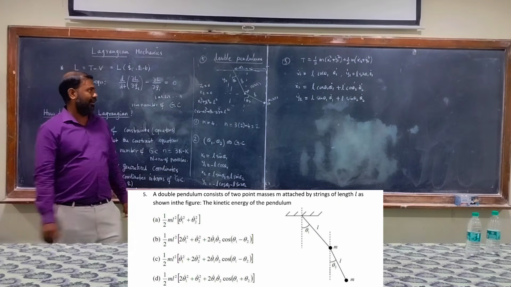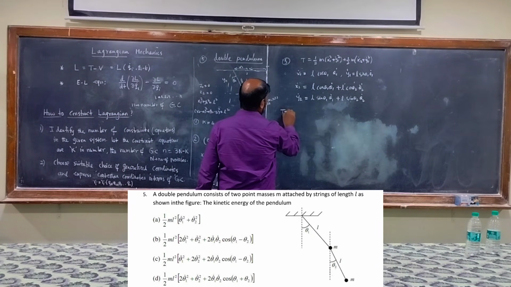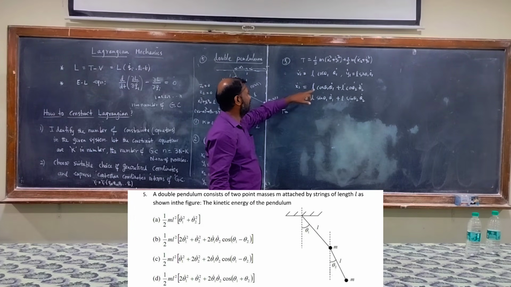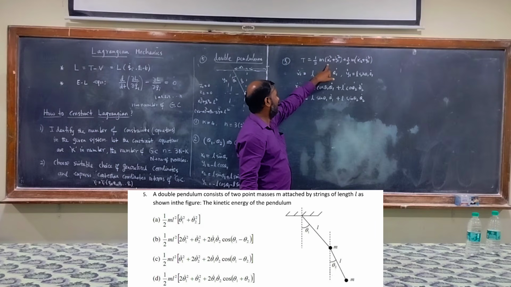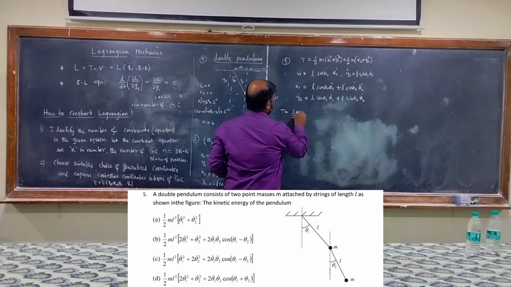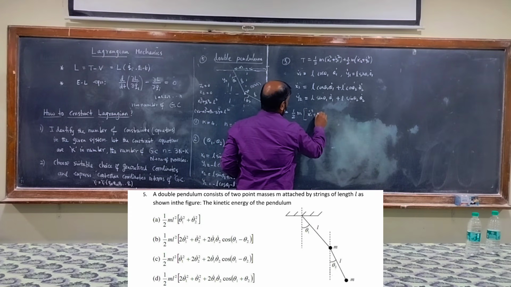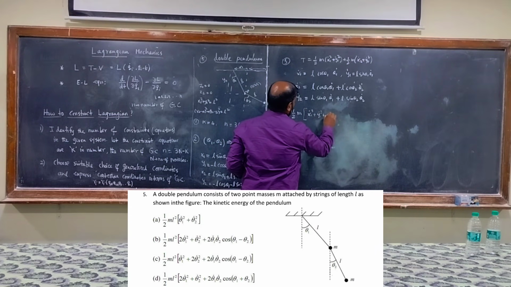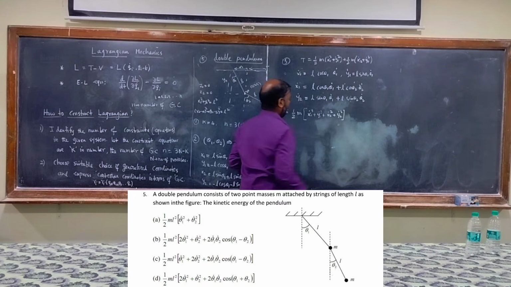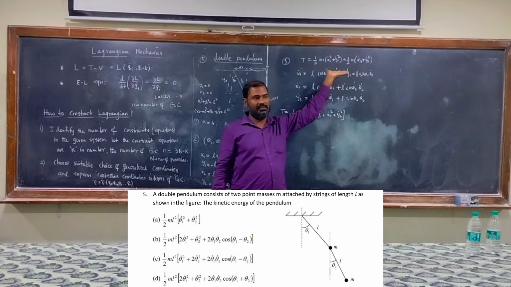So now I have found the generalized velocities, so substitute the values. Now look carefully. In fact this can be written as 1 by 2 m, since both have the same mass, x1 dot square, y1 dot square, x2 dot square, y2 dot square. They are equal masses.